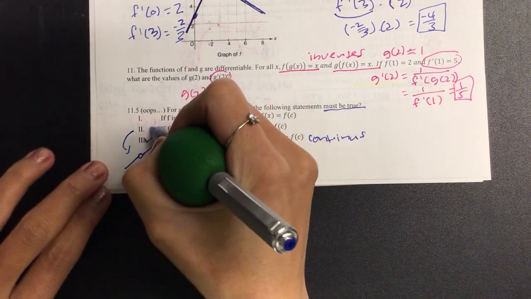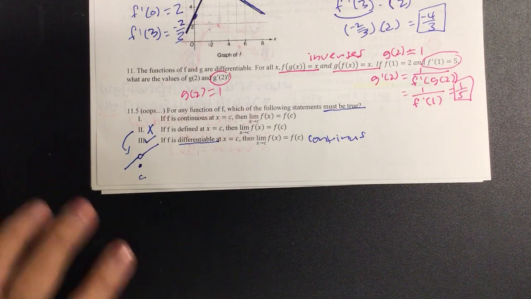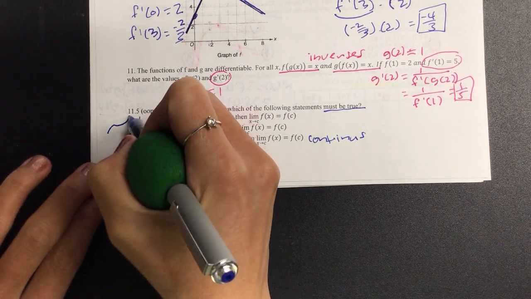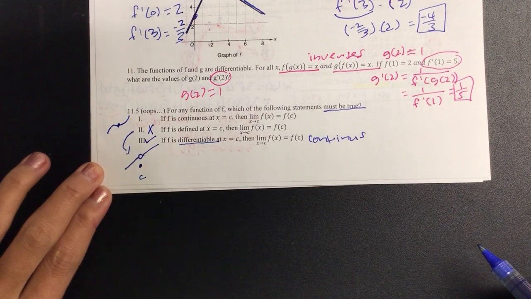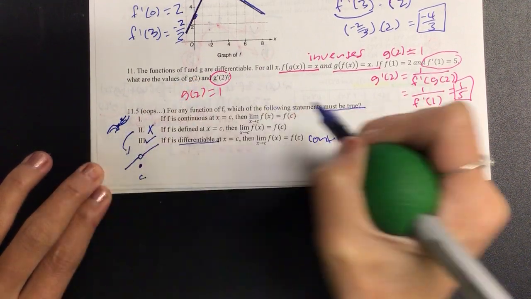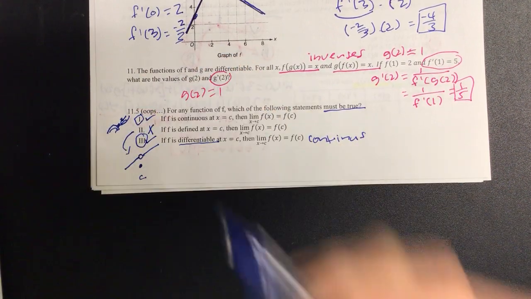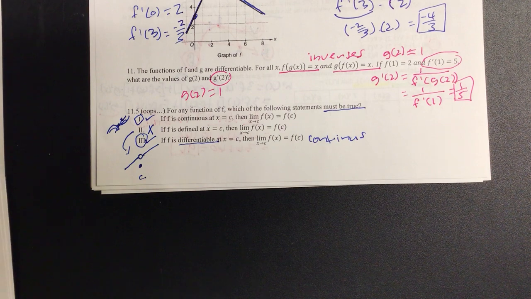No. So this is going to be no. And if something is continuous at C, so I have a continuous function at C, does that mean my limit is reaching that point as well? Yes, it is. True. So we know 1 and 3 must be true. Okay, let's go on to number 12.